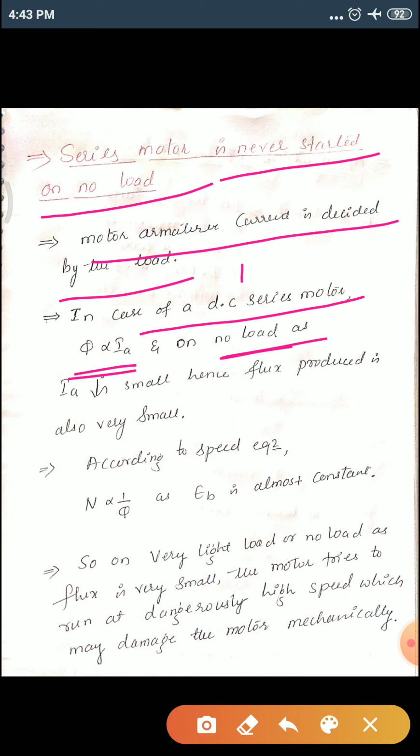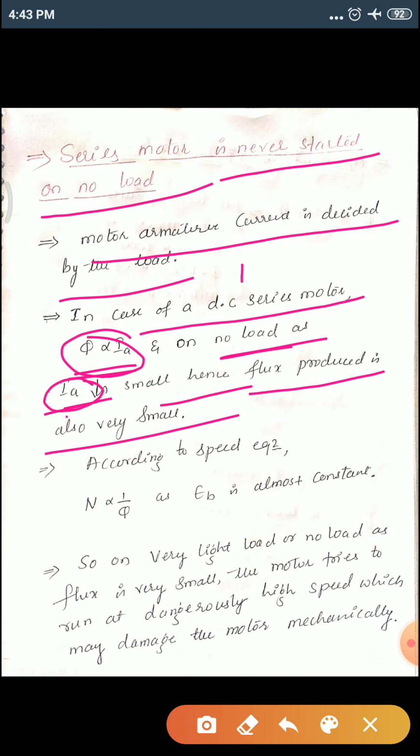On no load, Ia is very small, and hence the flux produced is also small, since these two are proportional. When there is no load, there is not much current, so the flux will be less.